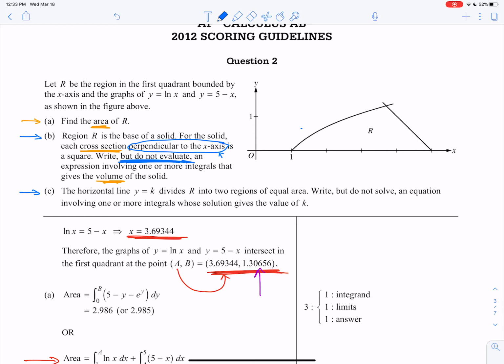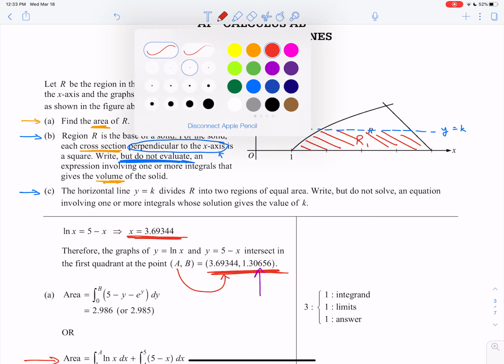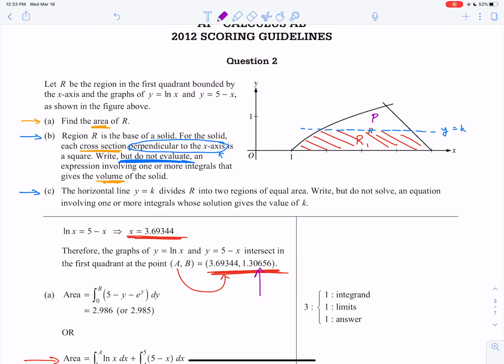So I don't necessarily know where it is, but I'm going to draw y equals k right there. And they're saying that R1 and R2 now have equal area. Okay? They want you to write an equation involving integrals to show that it's equal.